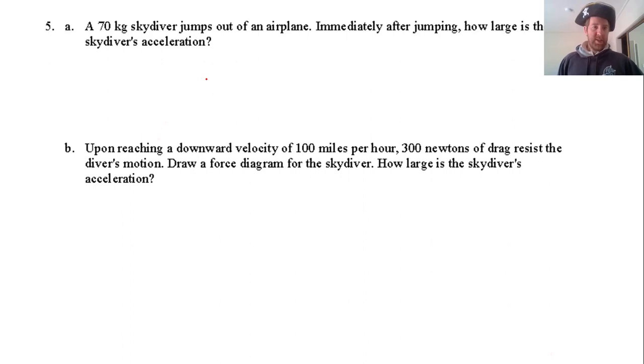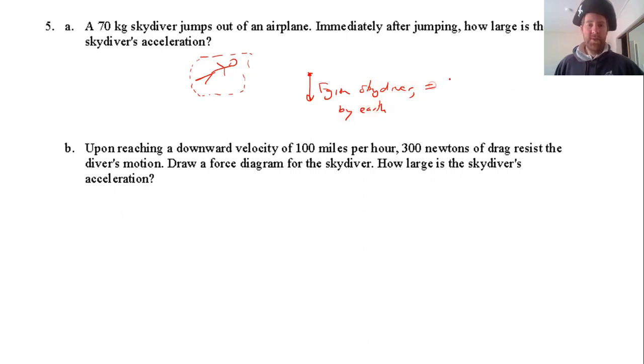A 70 kg skydiver jumps out of an aeroplane. Immediately after jumping, how large is the skydiver's acceleration? Well, when the skydiver jumps out immediately, there's no air resistance. He's just started his fall. We draw our system. Is there anything touching? No air resistance at the moment because he's just started his fall. So at the moment, the only force is the force of gravity on skydiver by the Earth.